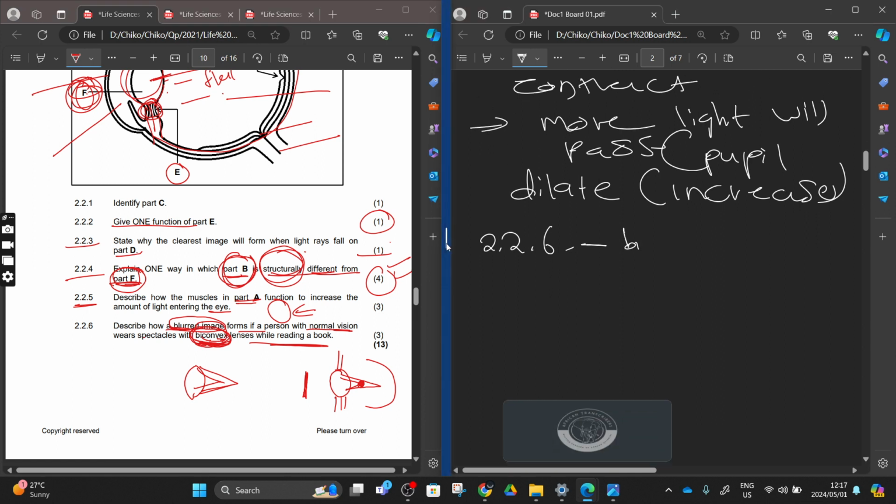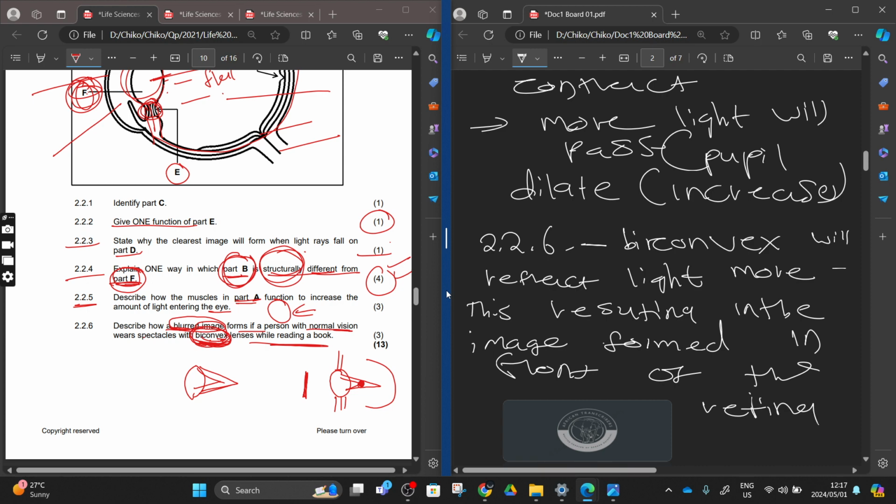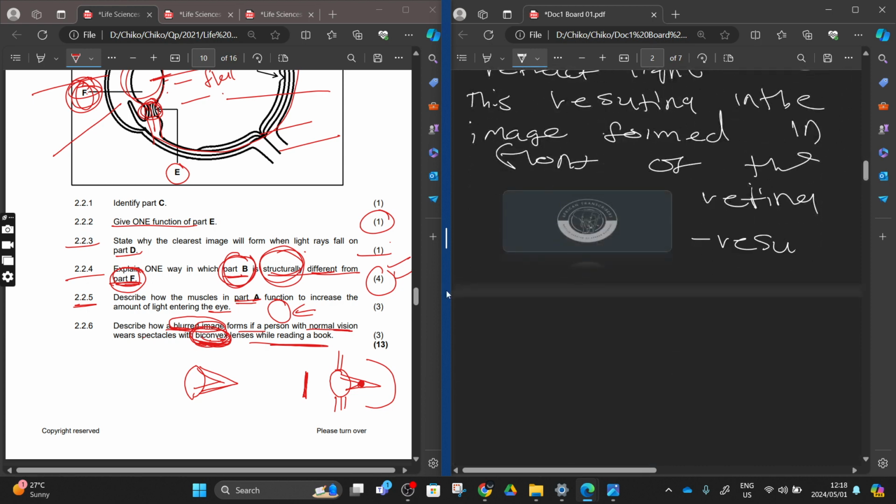You are going to say the biconvex lenses or biconvex spectacles will refract light more, resulting in the image formed in front of the retina, causing short-sightedness, right?